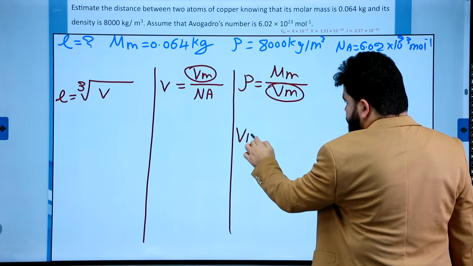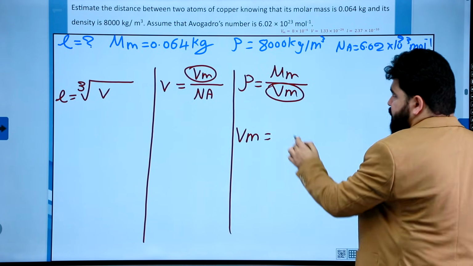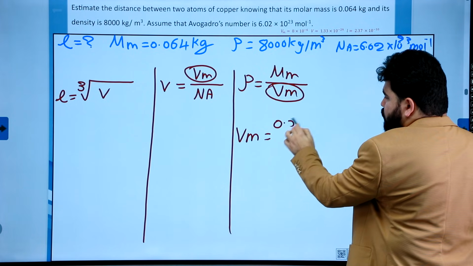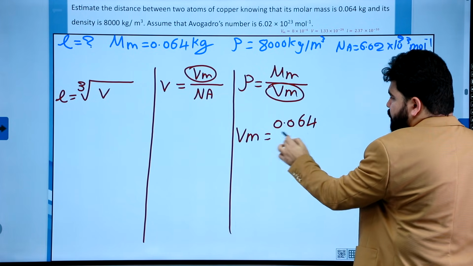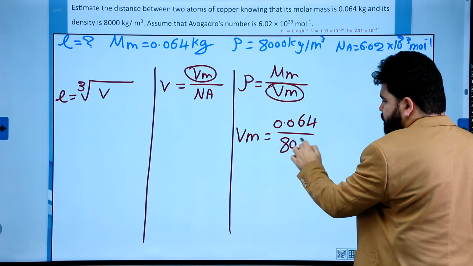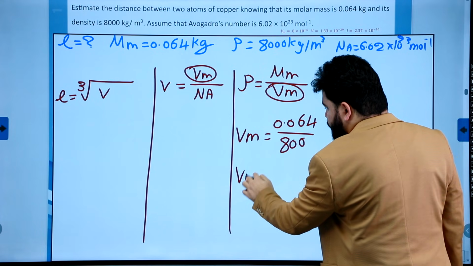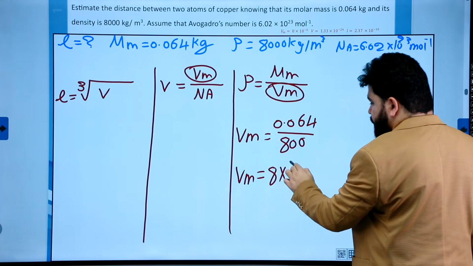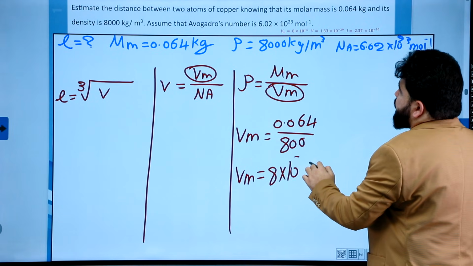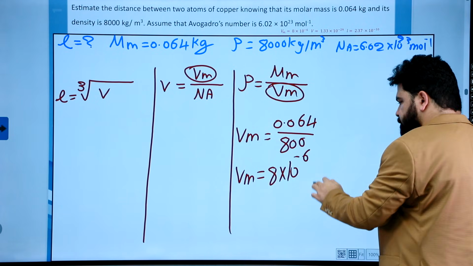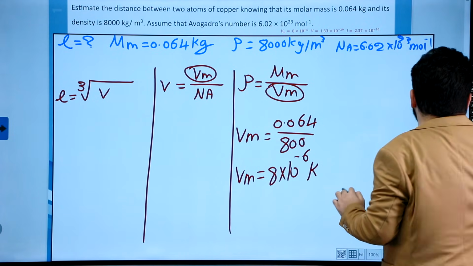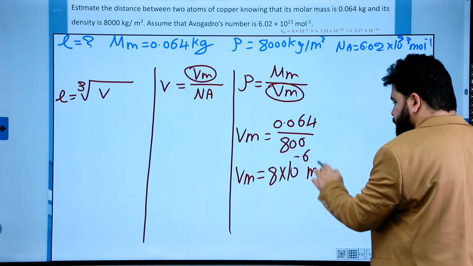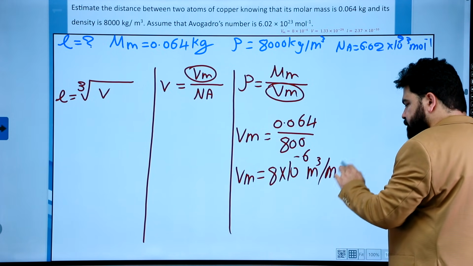So molar volume is equal to what? It is equal to molar mass, which is 0.064, divided by 8,000. Okay? Molar volume is equal to 8 times 10 to the power of -6, its unit is meter cubed per mole.